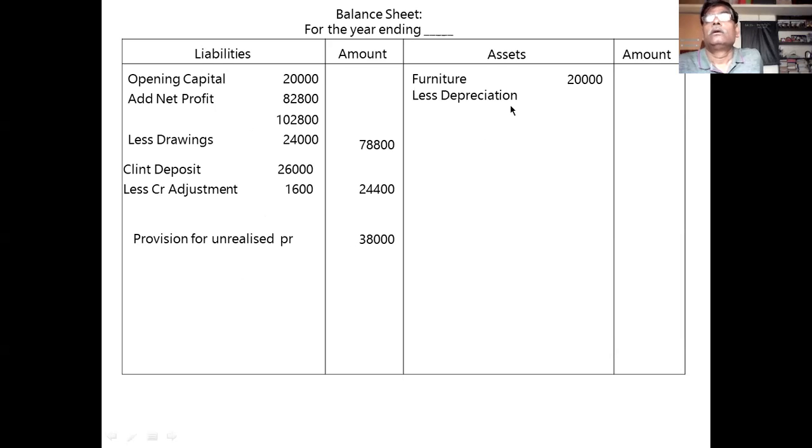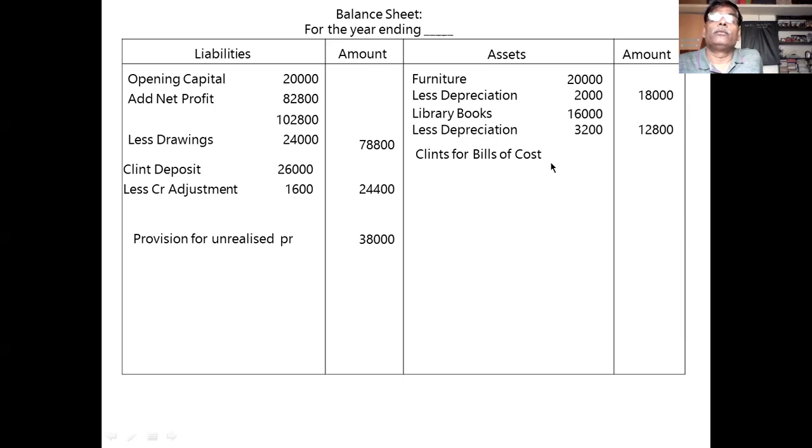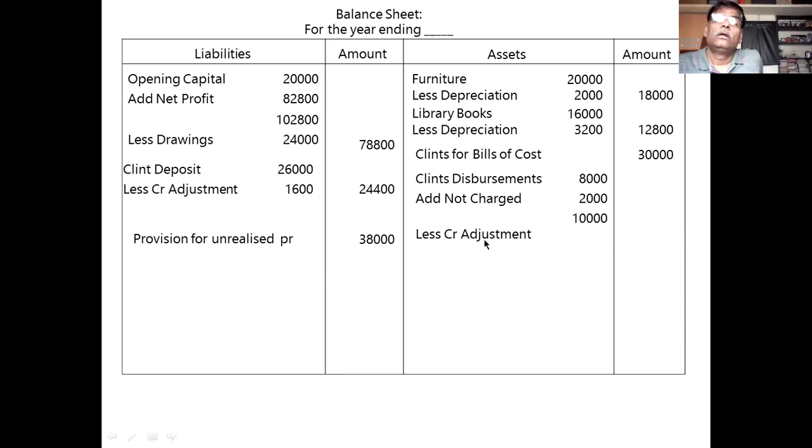Furniture you take after depreciation. You take library books, less depreciation. Then you take bill of cost. Then client disbursement 8,000, add not charged 2,000, less credit adjustment 1,600, 8,400.